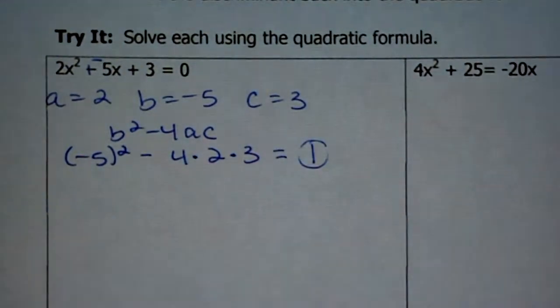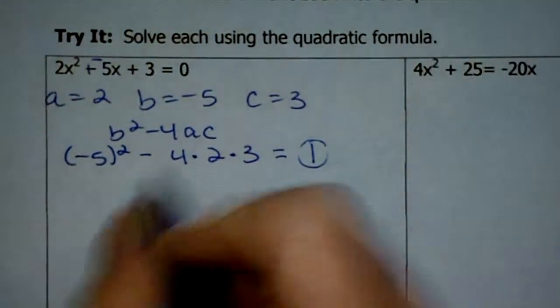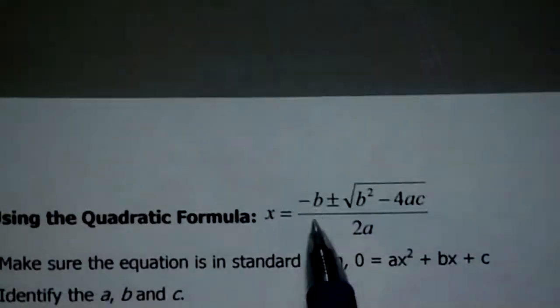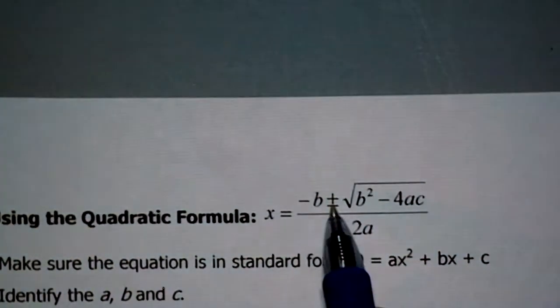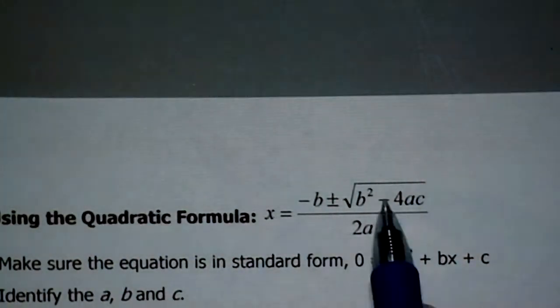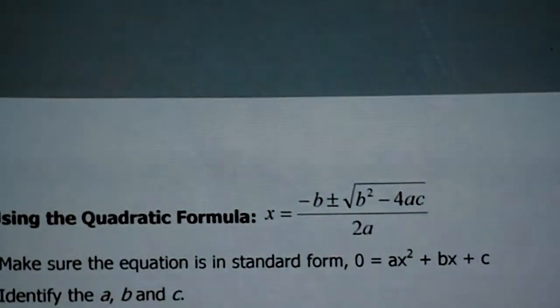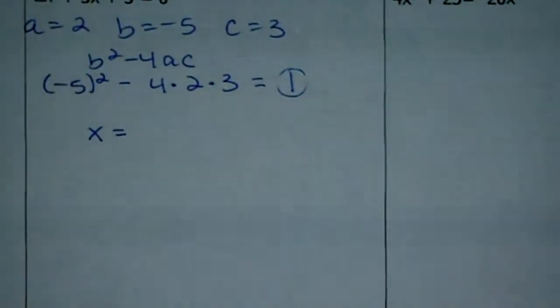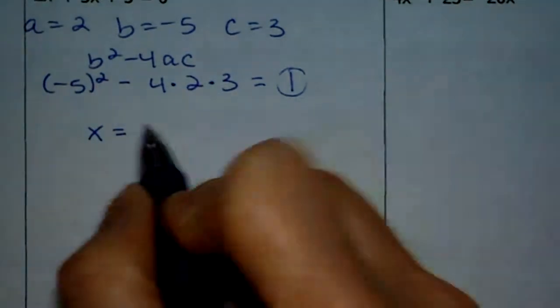In the quadratic formula, it says that x is equal to the opposite of b plus or minus the square root of what we just found out, divided by 2a. So if x equals opposite of b, we just had that b was -5, right? What's the opposite of -5? It's 5.